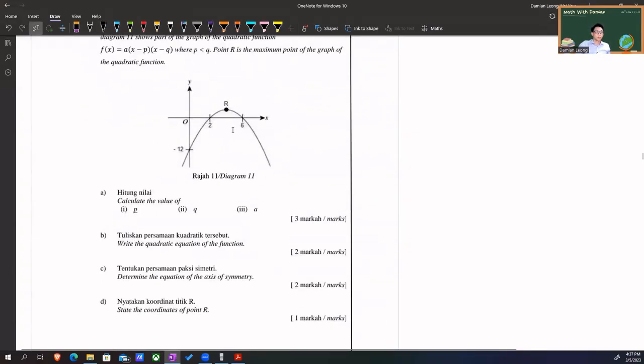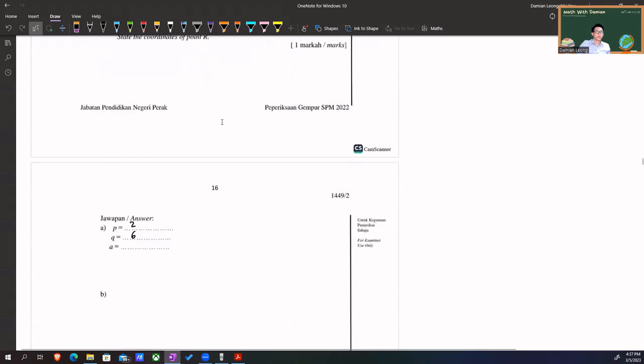So once I have p and q, and I want to find a, basically I substitute all the values into my function. What I use is this point, -12. f(0) equals -12.